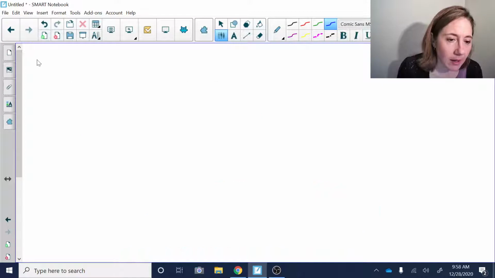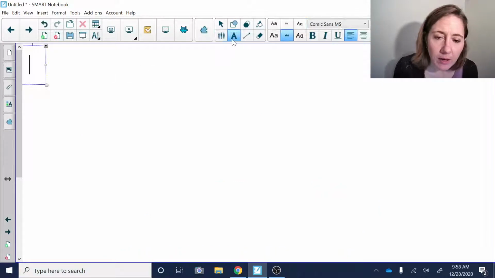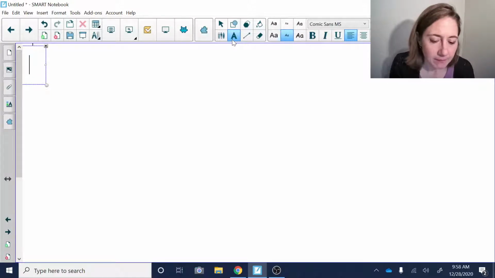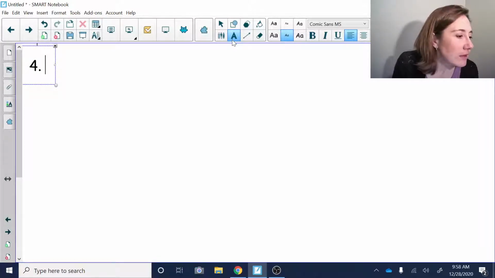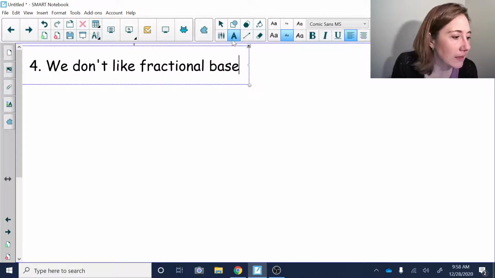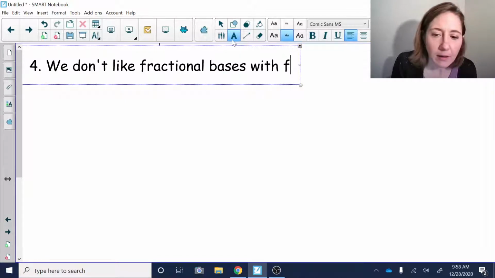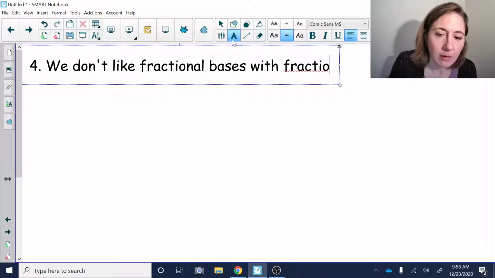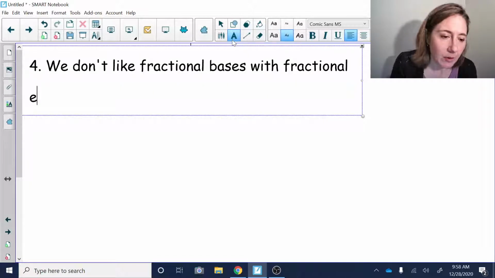So, a fourth rule for simplifying with these is we don't like fractional bases with fractional exponents. Oops.